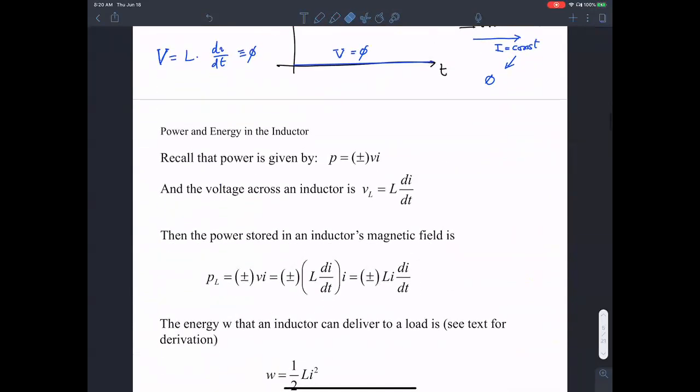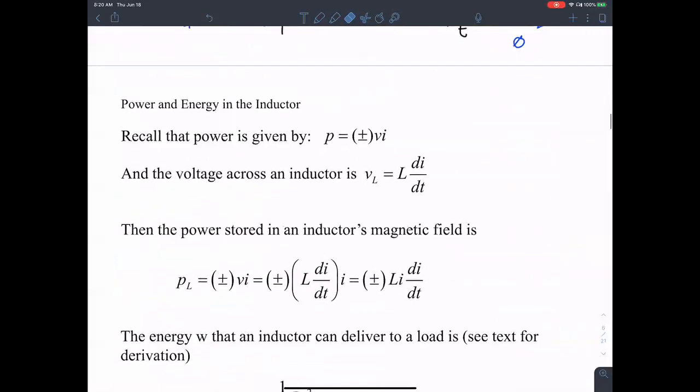Okay, now we can do the power. Power is V times I, right? Now the voltage across an inductance is L di by dt. So the power stored in an inductor's magnetic field, and by the way, both cap and inductor can store energy in different forms.